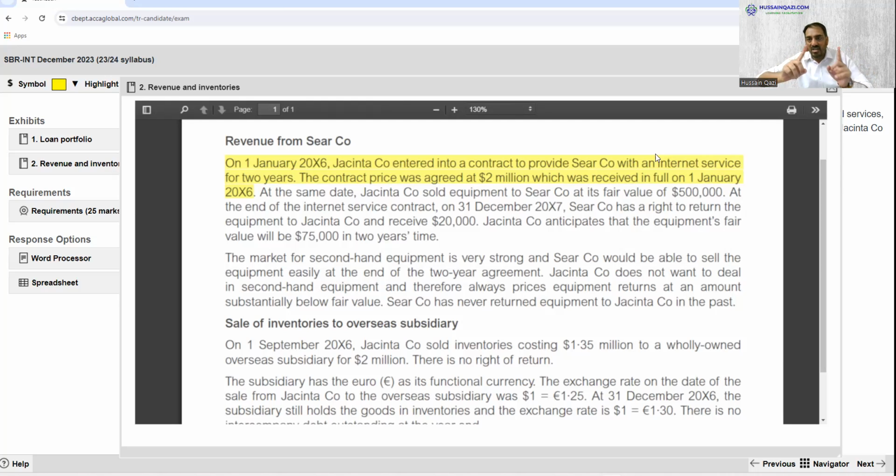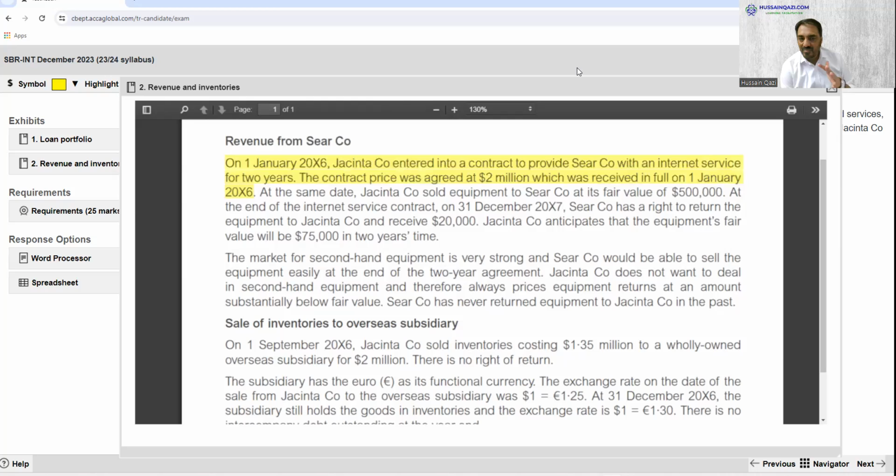For services, we need to determine how to recognize revenue, at one point of time or over the period. So here you need to cover the point: whether Jacinta for internet service should recognize revenue at one point of time or over the period.